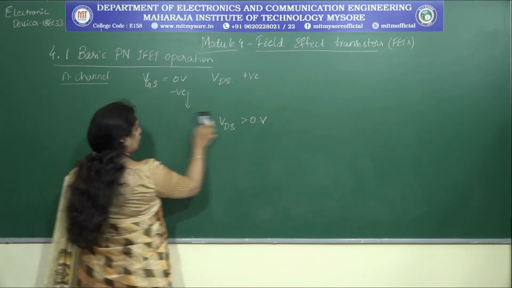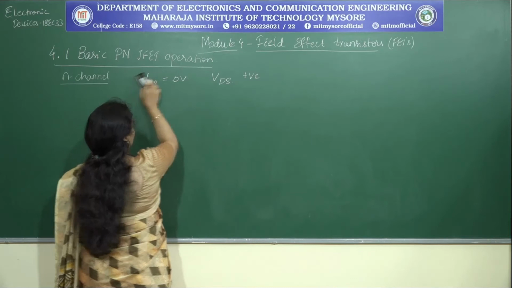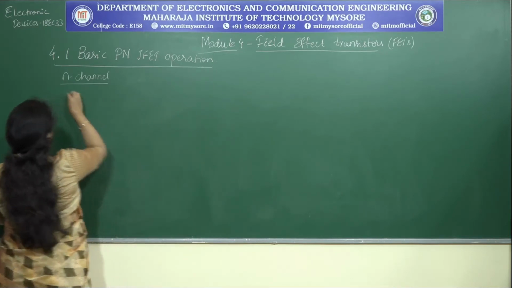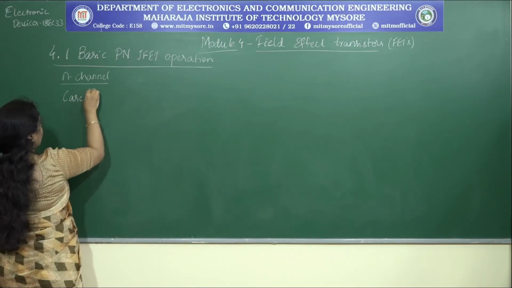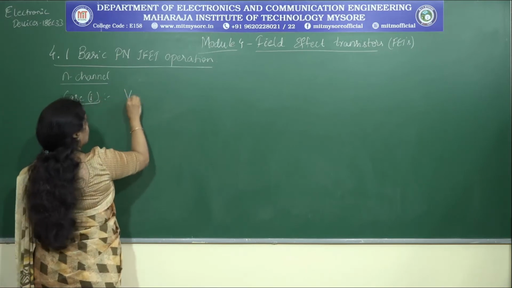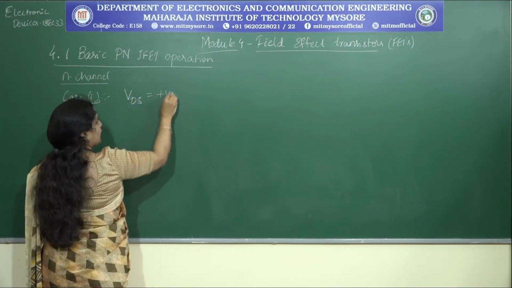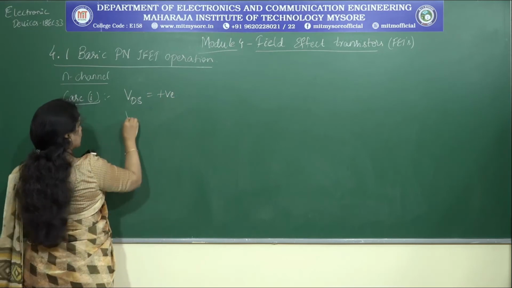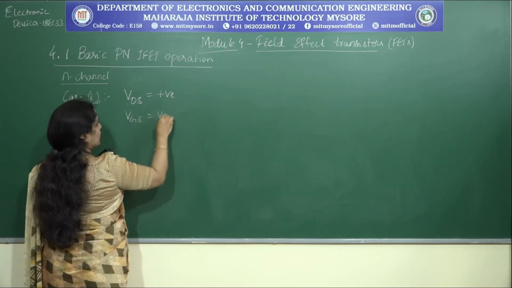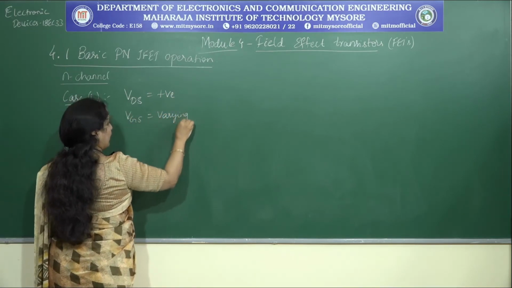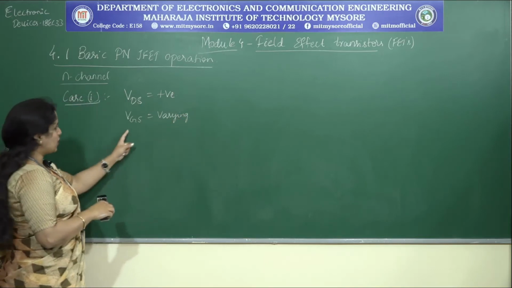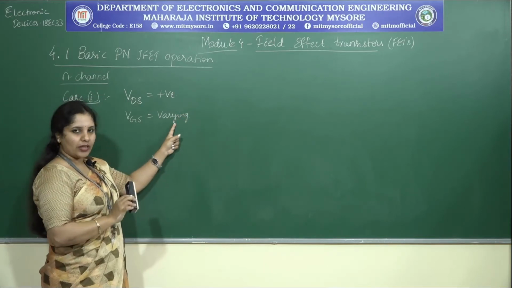So first we shall look into case number 1. What is case 1? In this case, VDS is a positive voltage. VGS is varying, so I have represented it as a varying quantity.